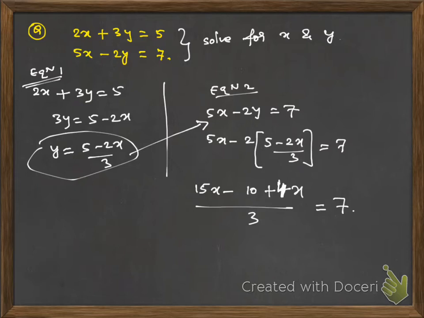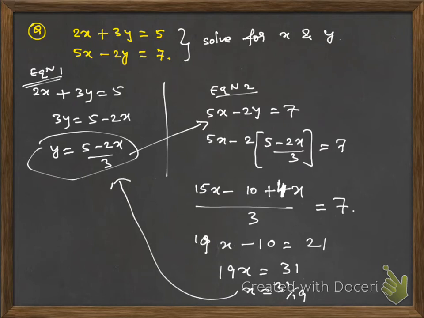Now 15 plus 4 is 19x minus 10 is equal to 7 threes are 21. So 19x is equal to 21 plus 10, which is 31. So x equal to 31 by 19.